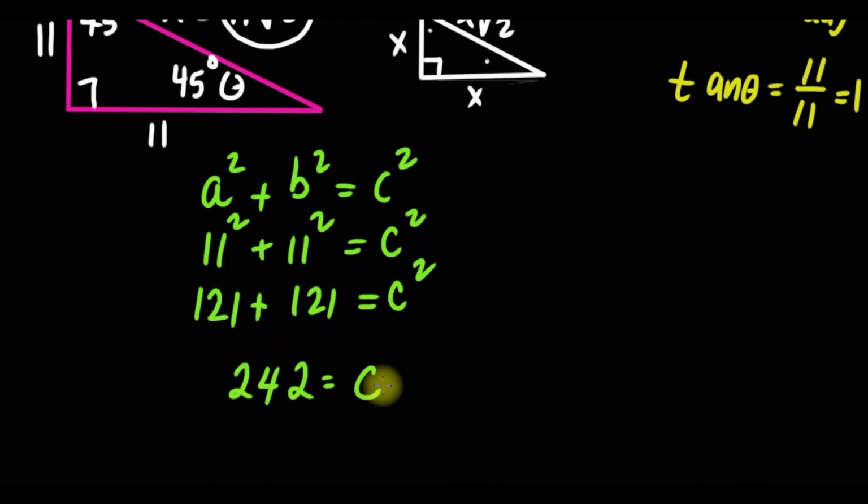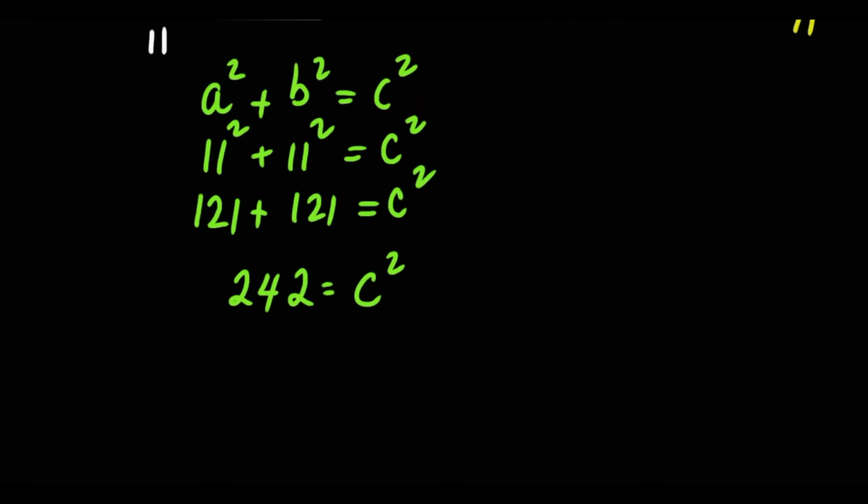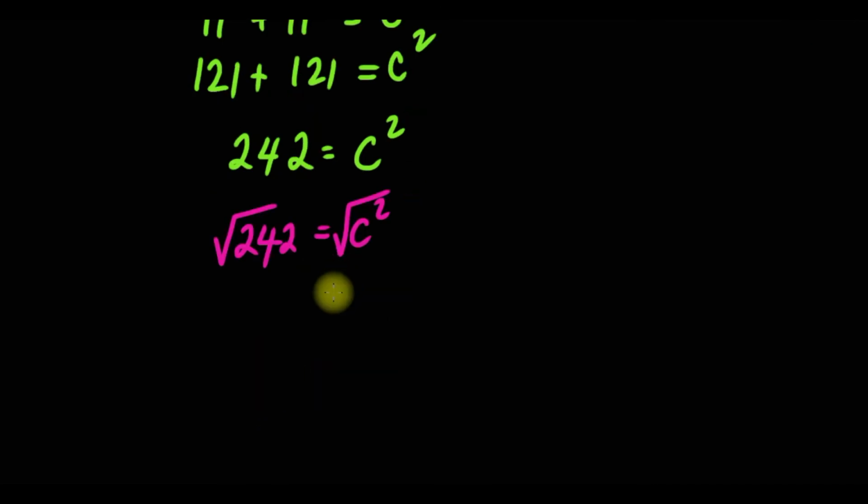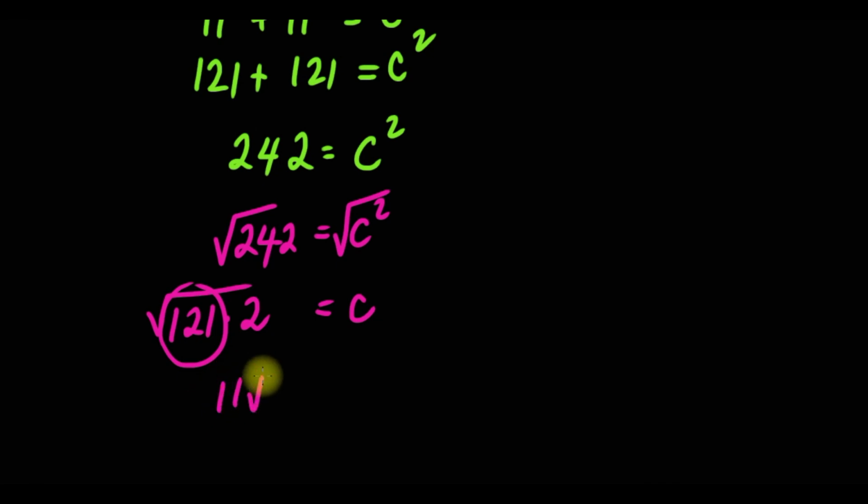And then c squared. And then take the square root of it. And then you would have to simplify the square root of 242. So c, we can simplify this using 121 times 2. And then the square root of 121 is 11. So this would be 11 square root of 2.